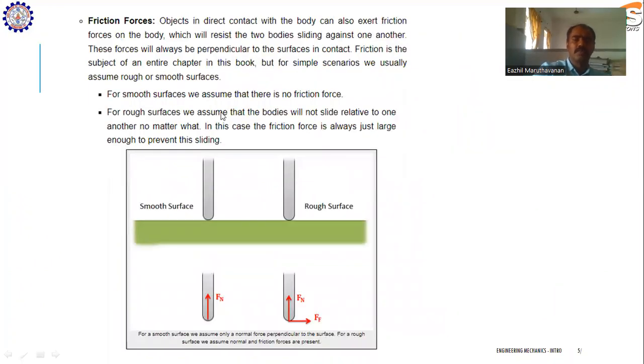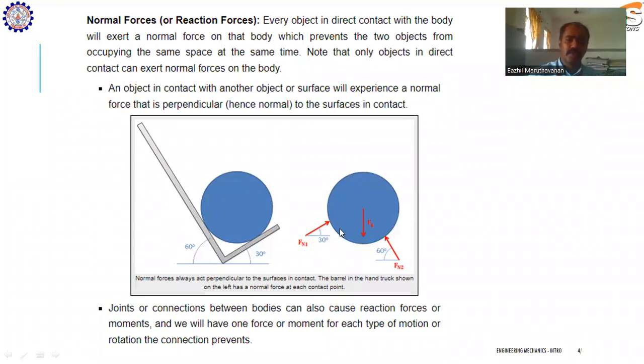The normal forces. Here we are able to see a ball lying on two inclined planes. The normal force or reaction force. We have to draw the free body diagram of this particular ball. We have to take this ball separately and draw the forces acting on the ball.